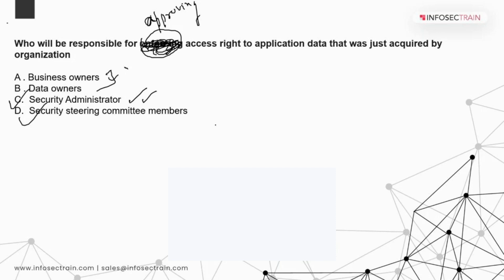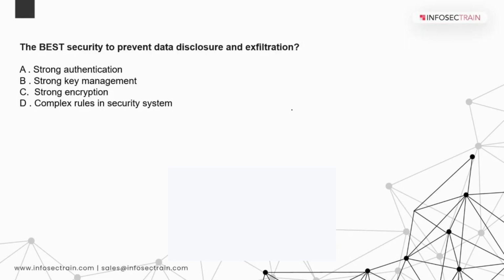Okay, next. The best security to prevent data disclosure. How can you protect against data disclosure? It's the opposite of confidentiality, right? So you can say encryption is the best answer. We can encrypt data and easily protect our data, right? But please remember PPT, people process technology.